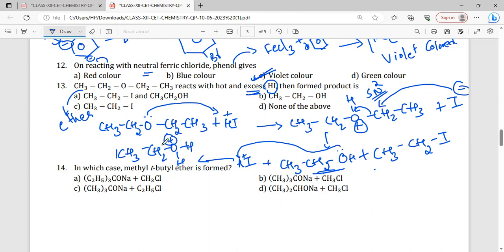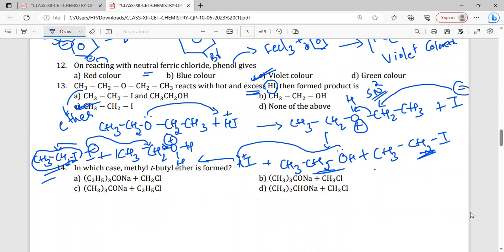Now this H2O is a good leaving group. It will leave and you have I minus in your solution. This iodide will again act as a nucleophile and attack this carbon and we will be getting CH3CH2I as your product. Now, I got 2 moles of CH3CH2I, ethyl iodide. So the answer should be this. I'll get only this because I've taken hydrogen iodide in excess.